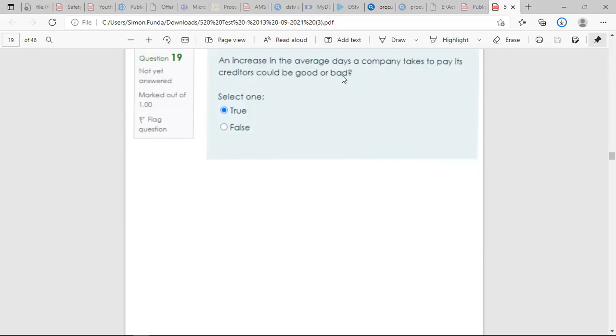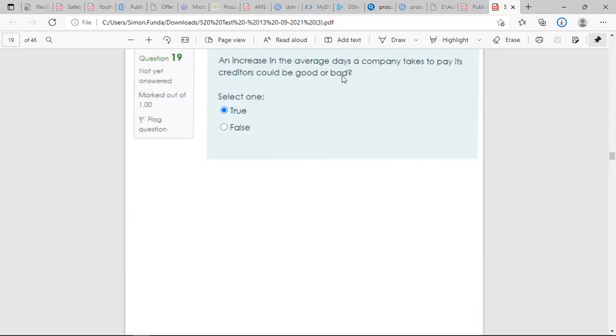Mr. Raphael, is it good or bad if there's an increase in the average days that we are taking to pay our creditors? Is it good or bad for the business? What do you think? It's bad because the longer we take, the more interest we pay.